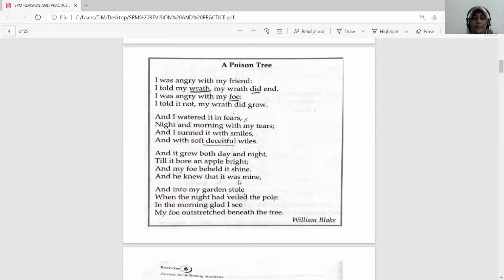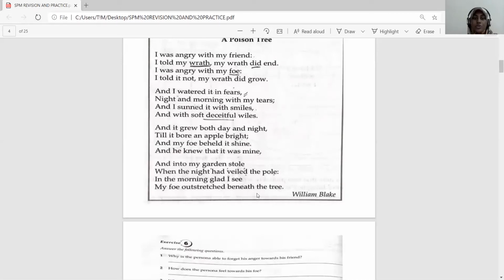The last stanza says: and into my garden stole, when the night had veiled the pole. In the morning glad I see my foe outstretched beneath the tree. Okay, so probably he has put a poison even before the enemy has entered the garden.